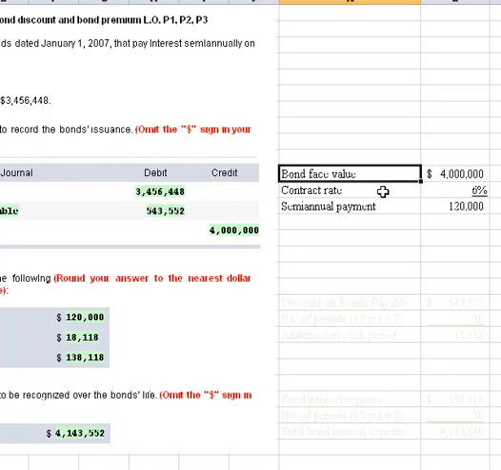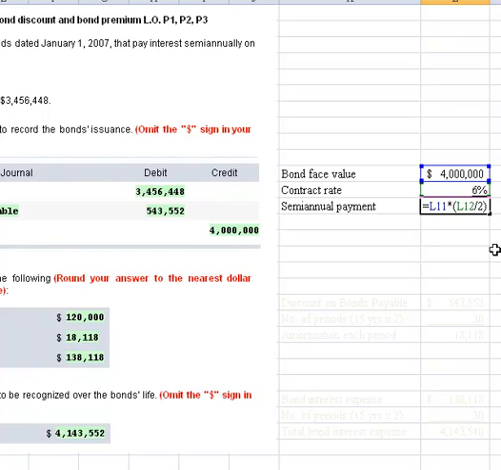The bond face value is $4 million and the contract rate is 6%, and that's given in the problem. Now the semi-annual payment: we take the bond face value, multiply it times the contract rate, and divide it by 2. The reason we divide by 2 is that the semi-annual payment is given twice a year, while the contract rate is stated on an annual basis.